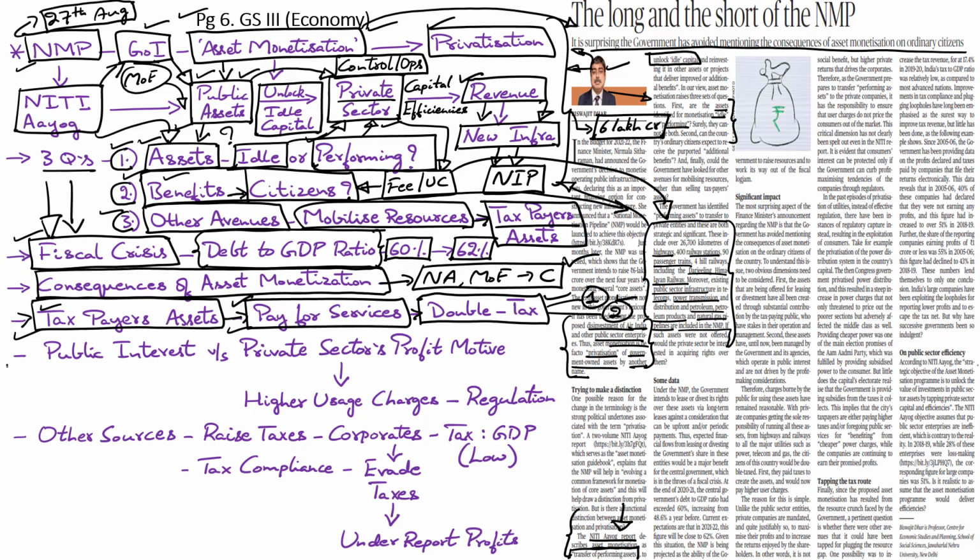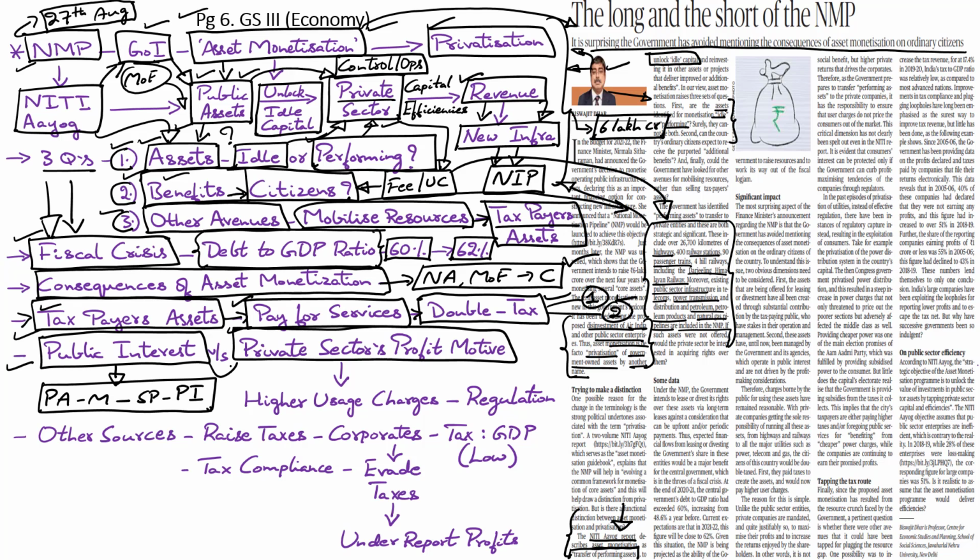Then the next concern is over the conflict between public interest and the private sector's profit motive. See, as we discussed, many of these public assets which are being monetized serve a social purpose and a larger public interest. But of course, when these assets are monetized by leasing them to the private sector, it would obviously be driven by the profit motive.